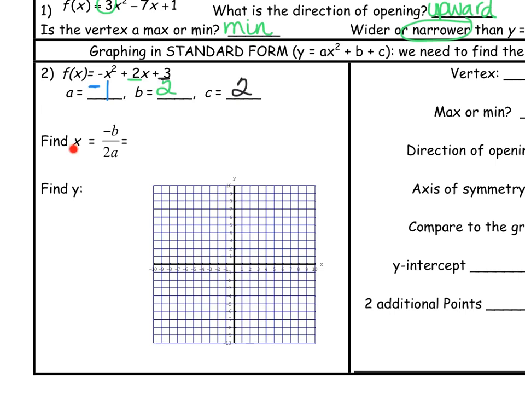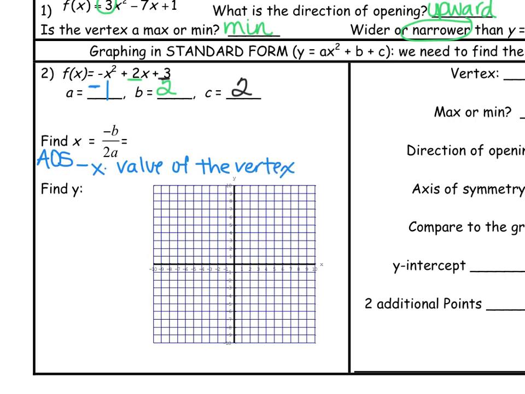So we can use this formula right here to do a couple things. This will give us the axis of symmetry, which is also the x value of the vertex, because the axis of symmetry has to pass through the vertex.